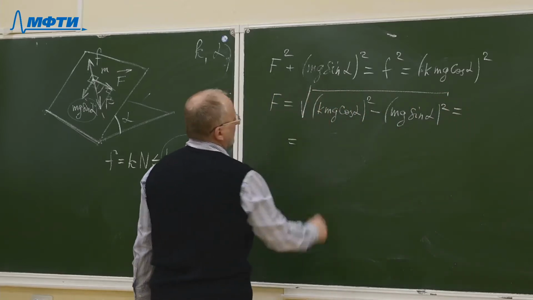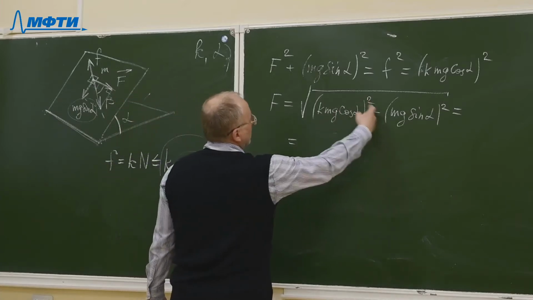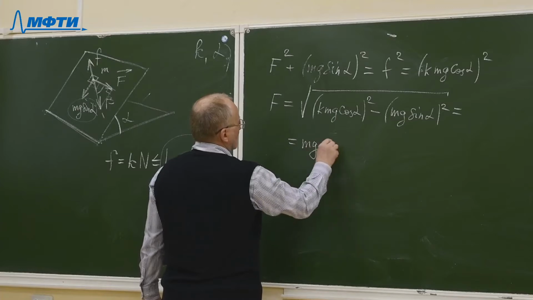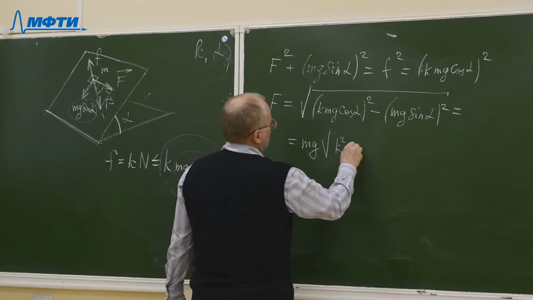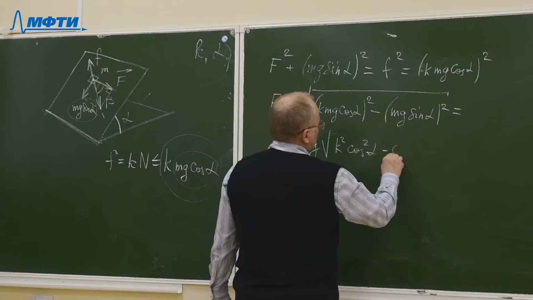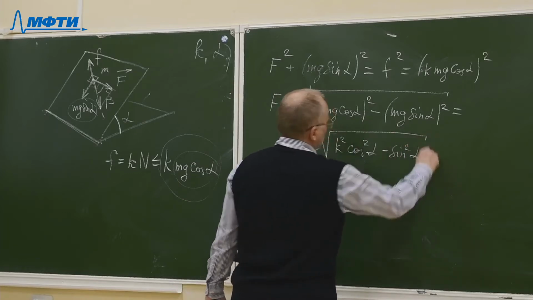It can be somehow transformed, like mg may be factored out before the square root: mg square root of k squared cosine squared alpha minus sine squared alpha.